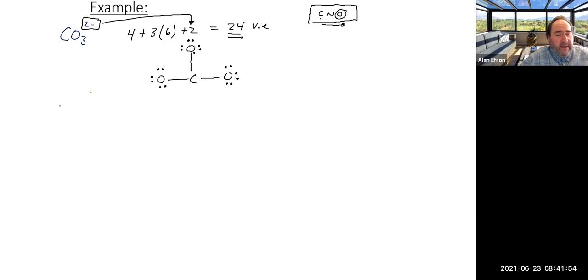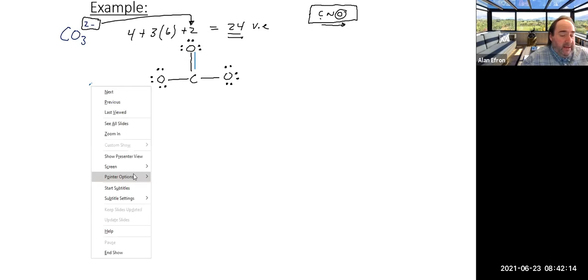And you may say to yourself, okay, I could just make a double bond. And if you just draw the double bond like that, you're going to run into the same situation. I now have 26 electrons. In addition, this oxygen now has 2, 4, 6, 8, 10 electrons, which is too many.